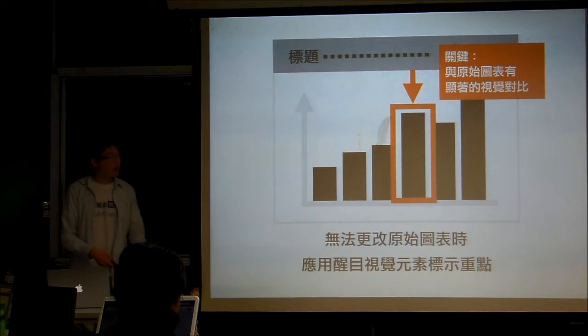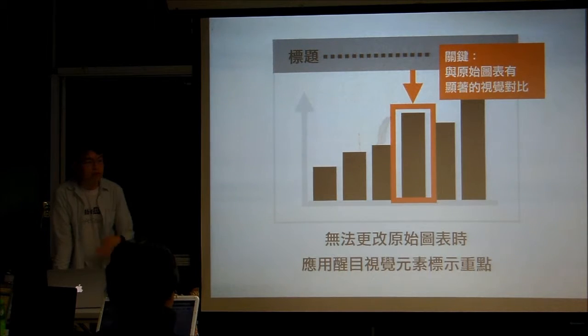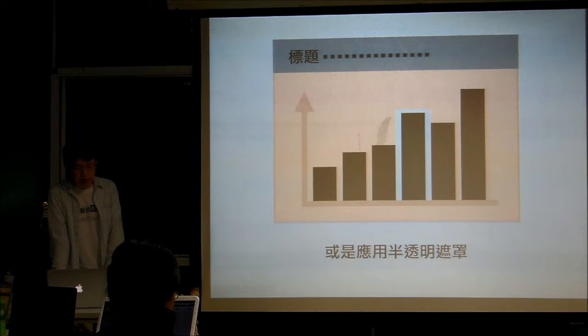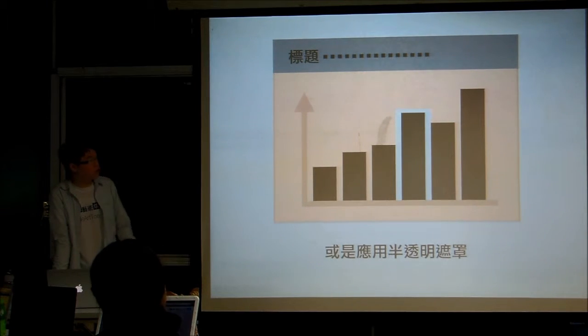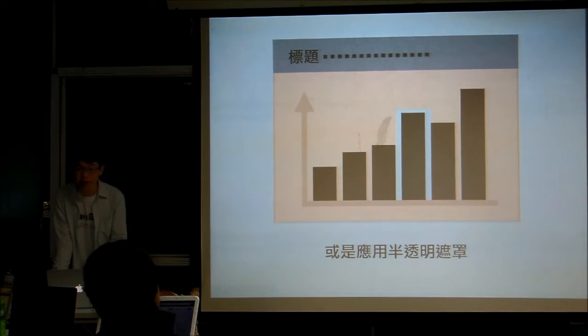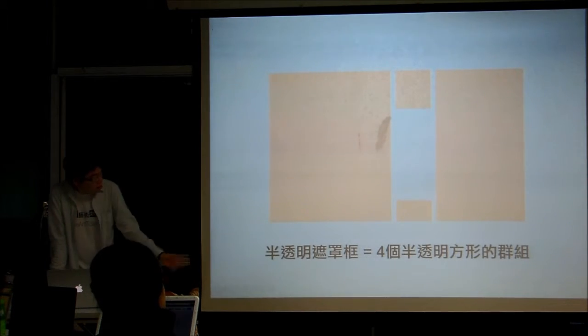The key is that the things you use have to be very different from the original table. And if you cannot do that, you can also use a half transparency shadow to cover all the things you don't want to say and only highlight the thing you want to say. And this is just a combination of 4 things.